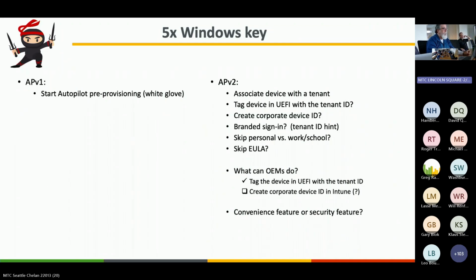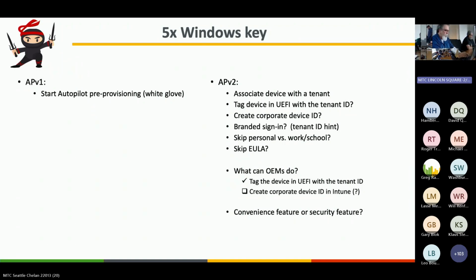I hope that will change at some point. There's no reason the APIs that the OEMs and resellers use to register a device with Autopilot V1 couldn't instead create a corporate device identifier in the customer's Intune tenant. So they could fix that, but who knows? One of these years.